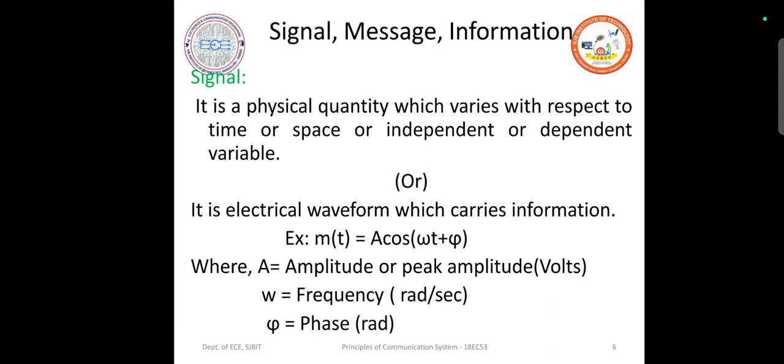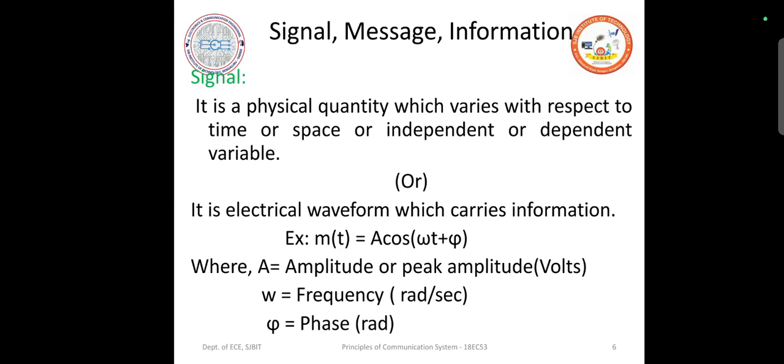Okay, what is a signal? A signal is a physical quantity which varies with respect to time or space or independent or dependent variable, which is normally a time. Okay, an independent variable is normally a time. It is electrical waveform which carries the information.